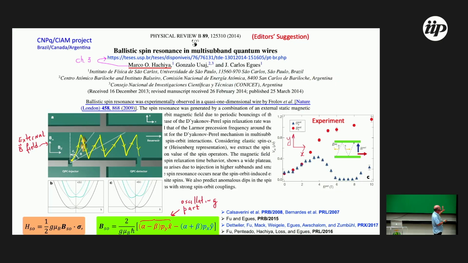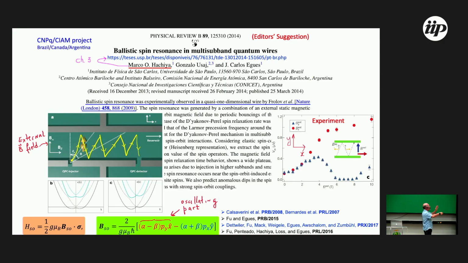If you just do a simple calculation, as they had done in this paper, basically equating the Zeeman field with the spin-orbit field to find the resonance, you'd find just one peak, one dip, because whenever you reach resonance, you dephase, and the signal would just go down here.